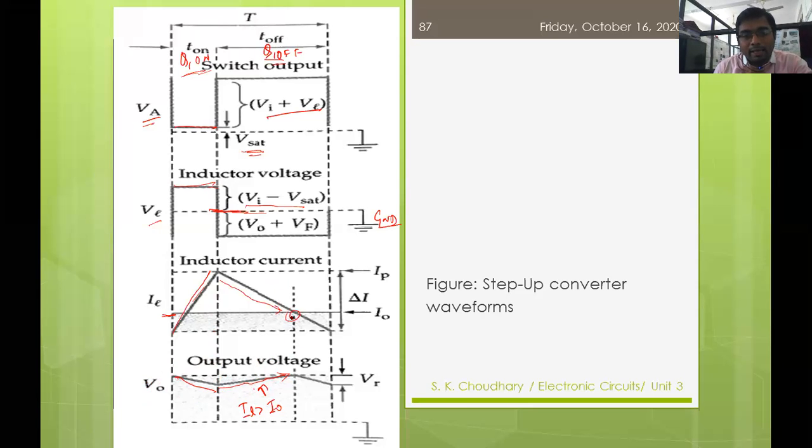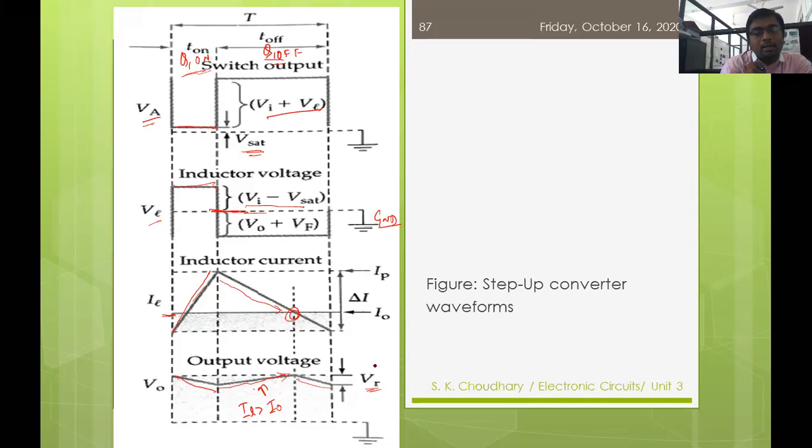Once your IL is less than I naught, because your IL keeps decreasing as it is discharging, and it goes below the level of the current across the load, then your voltage across the load starts to decrease again, up to the maximum VR, that is the ripple level.